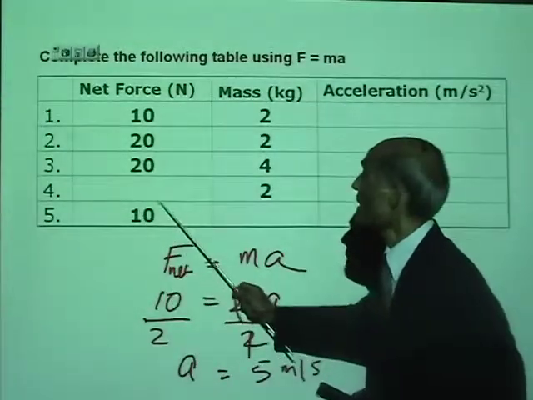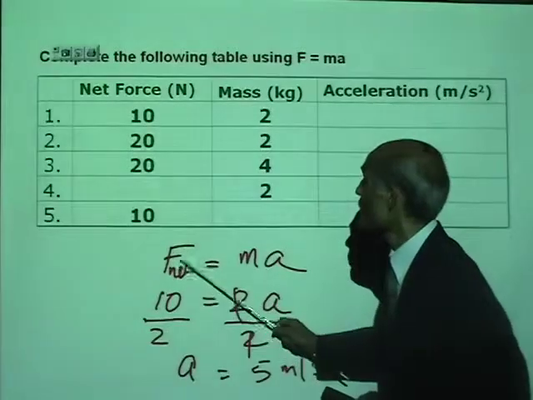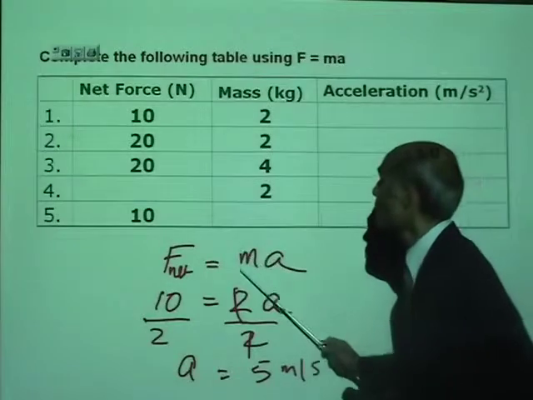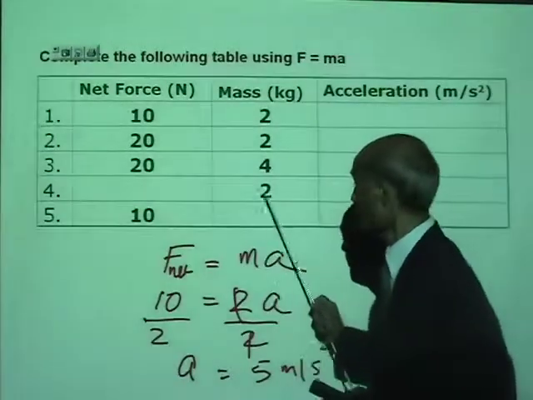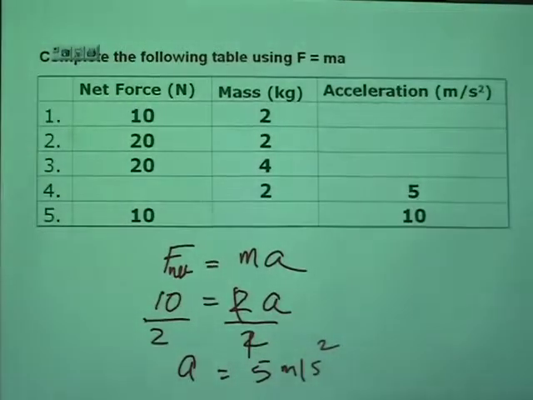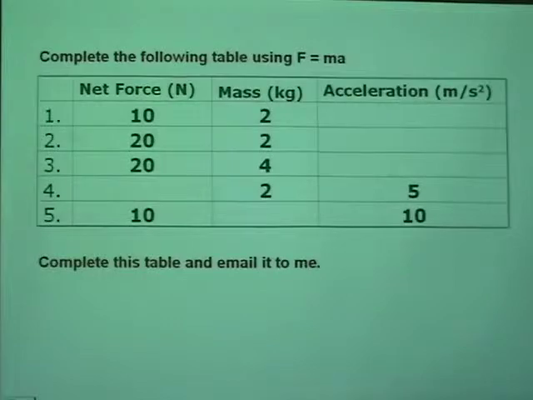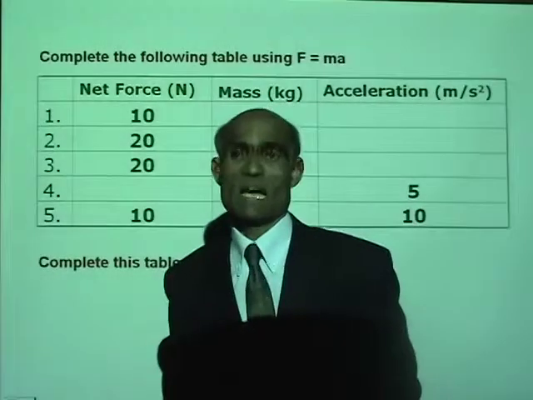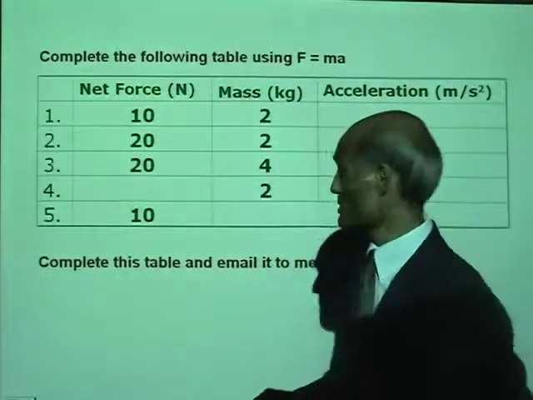And the last one, I have given you the net force and the acceleration, I want you to find the mass. Alright? Now, do this on your own and send me your result. Complete the table and email it to me as part of your class participation.